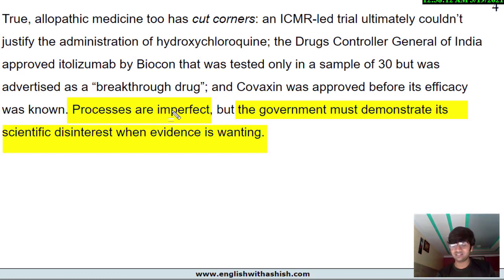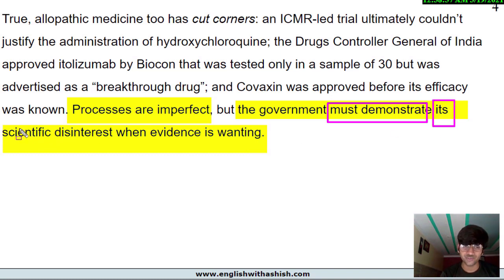So processes are imperfect, simple sentence: processes subject, are main verb, linking verb, imperfect adjective, subject complement. Second, the government, subject, noun phrase, the plus government noun; must demonstrate, verb phrase, must helping verb, demonstrate main verb. Demonstrate what? Its scientific disinterest is the object.